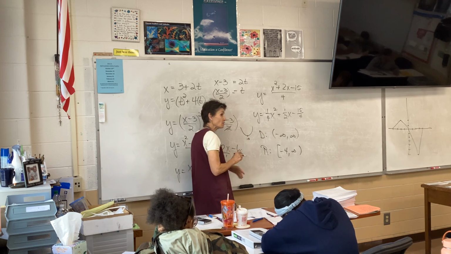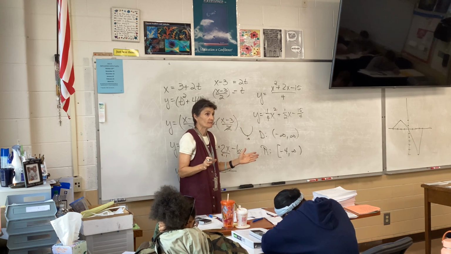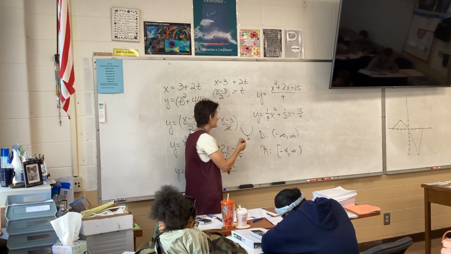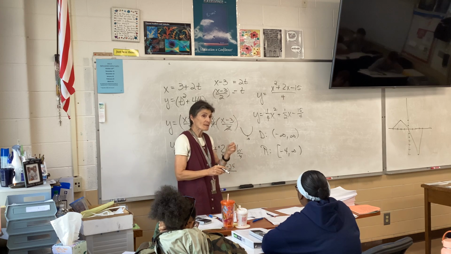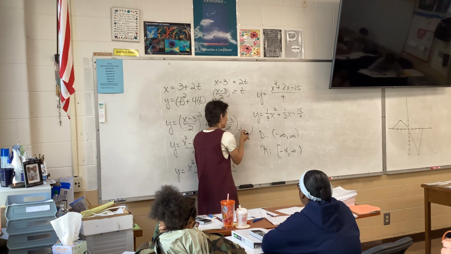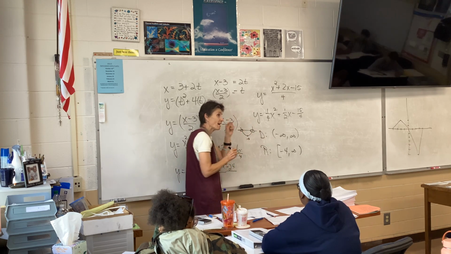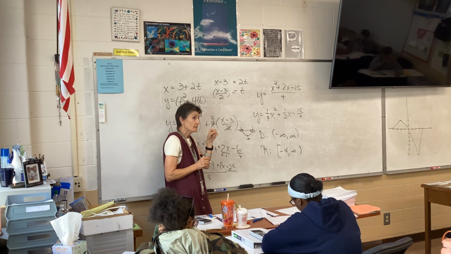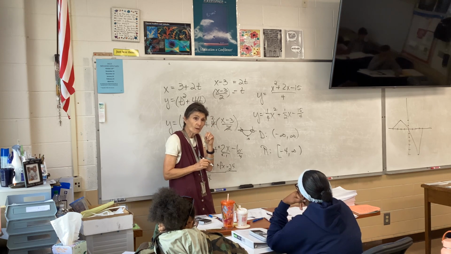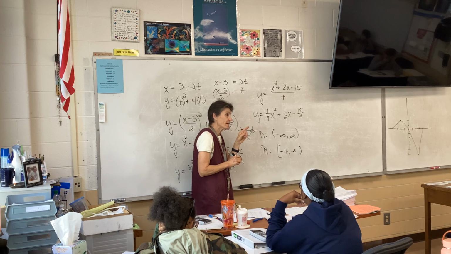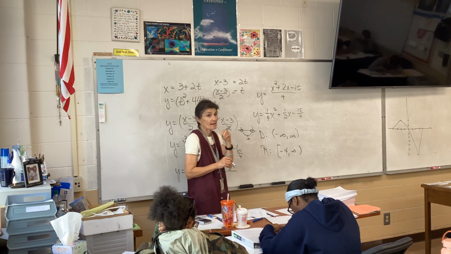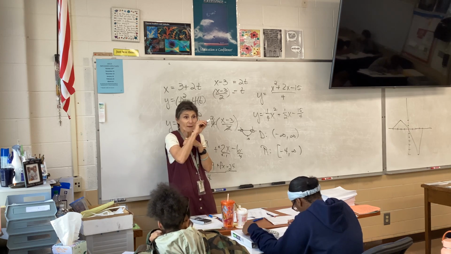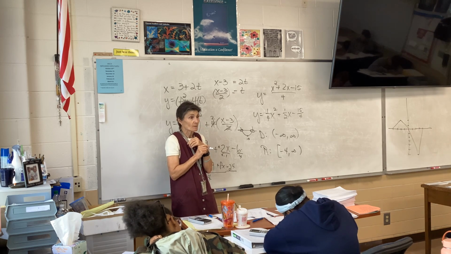That tells me no x's are repeated. Does it pass the horizontal line test? No. That tells me that y's are repeated. Doesn't this point and this point have the same y coordinate? Yes. So is the function 1 to 1? No, because it doesn't pass the horizontal line test.